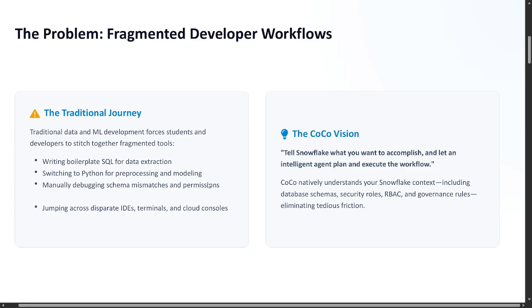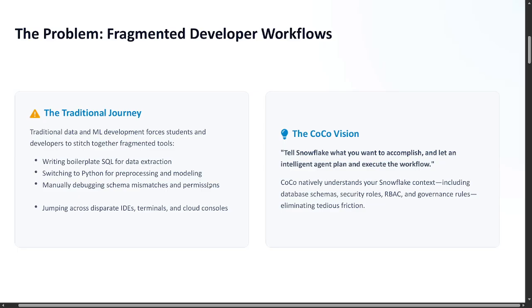But now what you have is the CoCo version. This CoCo version changed that completely. All the traditional journey that you might have been facing as a developer or as a new person, the CoCo version will change that. How? You simply tell Snowflake CoCo what you want to accomplish and let that intelligent agent plan and execute the workflow for you.